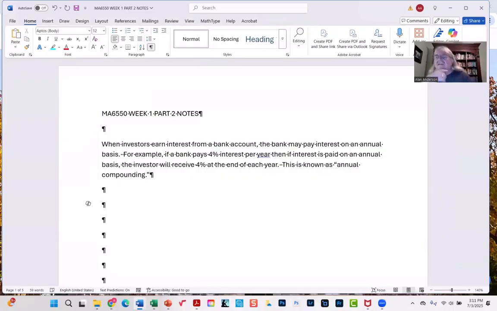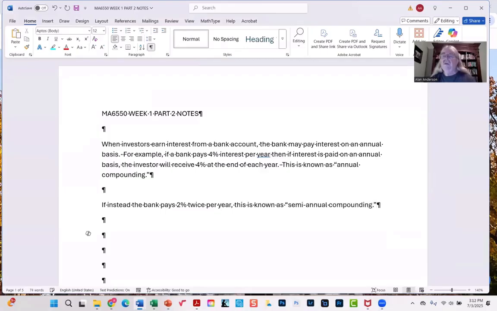Now, what if instead the bank pays half of the annual amount twice a year? If instead the bank pays 2% twice per year, this is known as semi-annual compounding. How about this case?